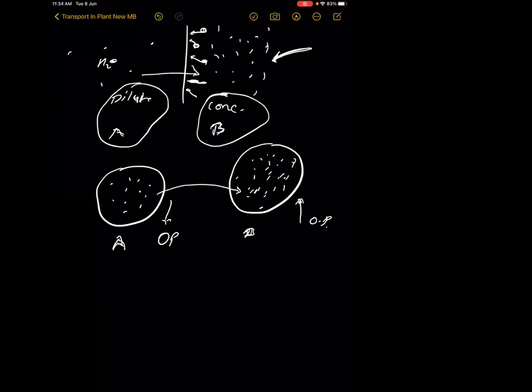If you are increasing solute molecules, the pressure always increases. So B has more osmotic pressure. Because of this, osmosis becomes fast. Rapidly the water molecules enter this cell. So from A to B, the movement of water occurs. This is osmotic pressure.